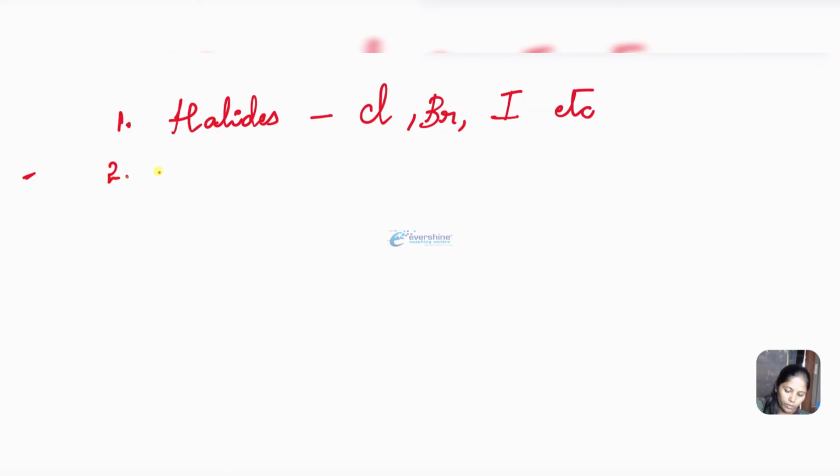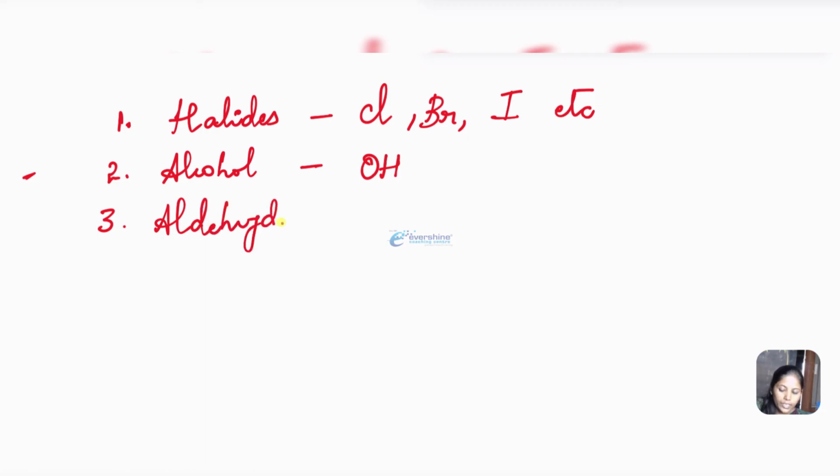Alcohol is a functional group. It is OH. Alcohol has two atoms, one is O and one is H. Alcohol is OH. Aldehyde. Aldehyde is CHO.